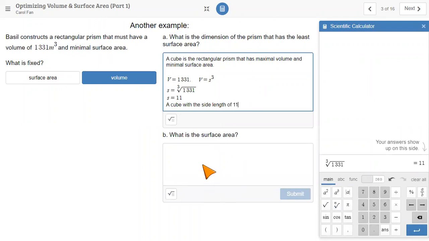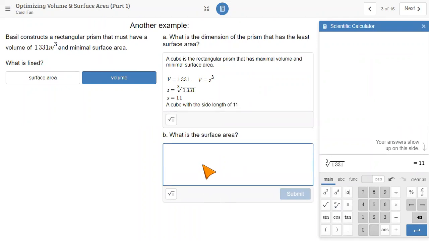So what's the surface area of this? My cube is going to have 6 sides that are exactly the same. So my surface area is 6 times s squared.